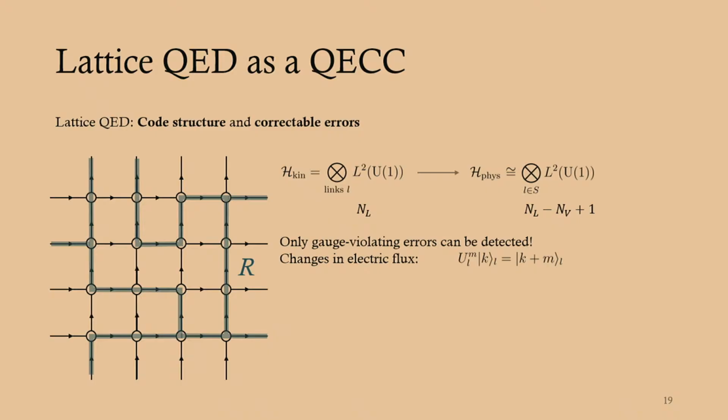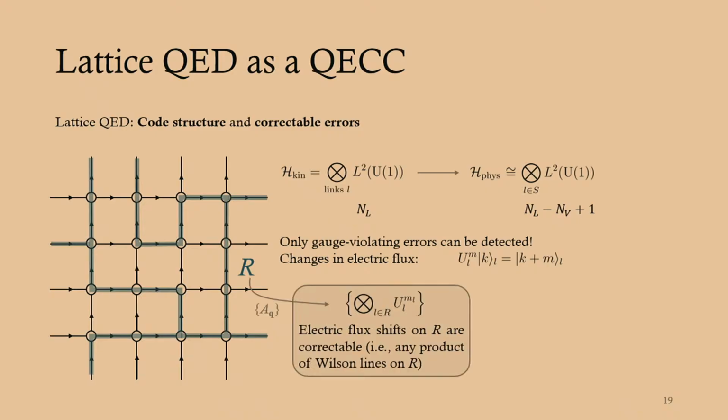And if I do this, what I find is this set of correctable errors. Now, these are arbitrary products of link operators supported on the spanning tree, which means that electric flux shifts on the spanning tree are correctable. Alternatively, we can understand this set as being arbitrary products of Wilson lines supported on the spanning tree.